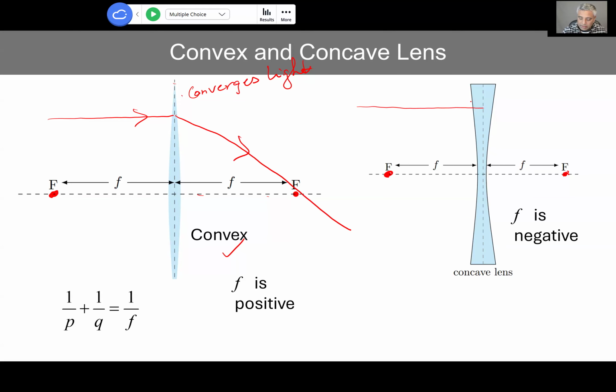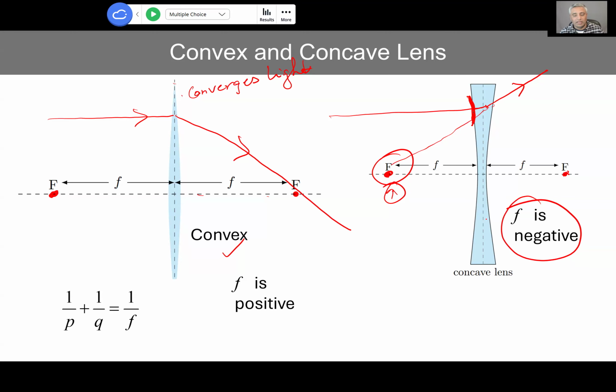See, because of this inward curve, it passes and then goes in such a way that it looks as if it's coming from here. So this ray of light is not actually arriving there. It appears to arrive. So because of that, we call this a virtual focal point, and the focal length we take as negative.